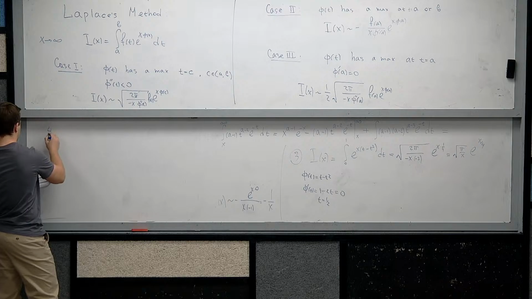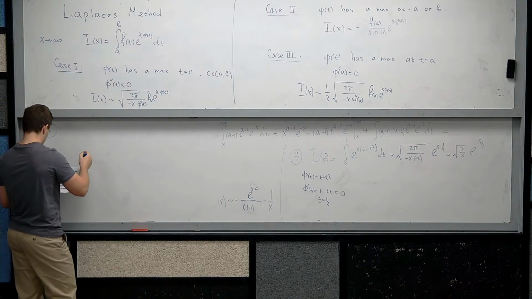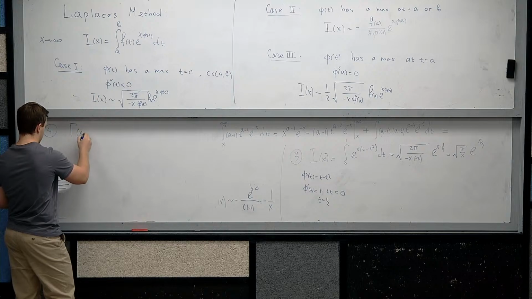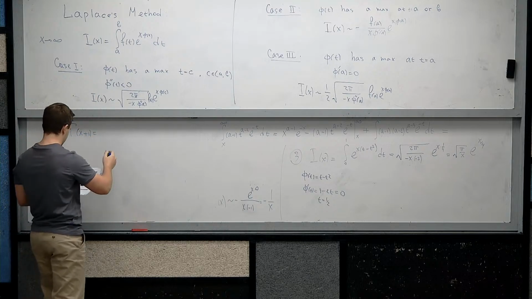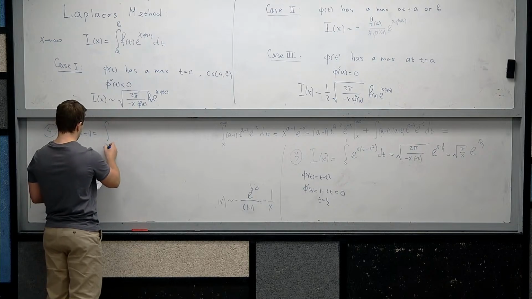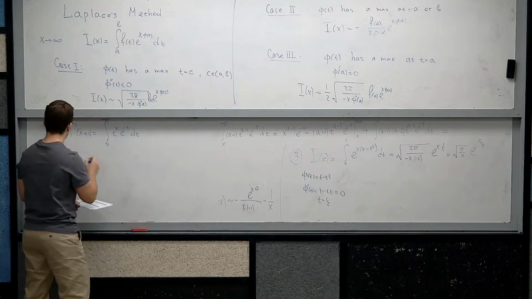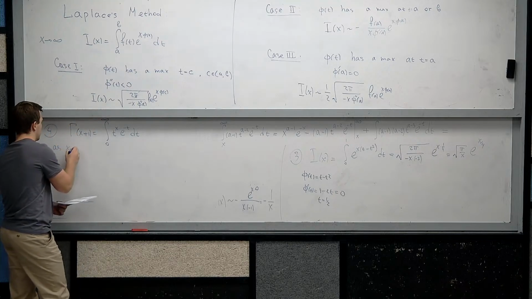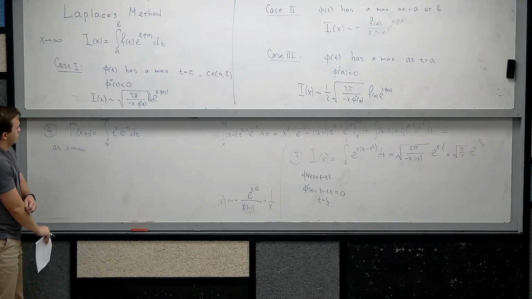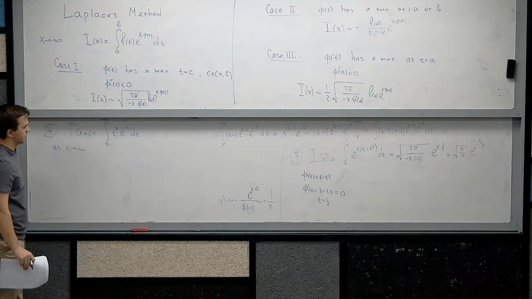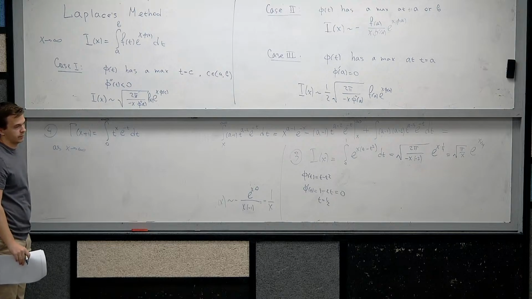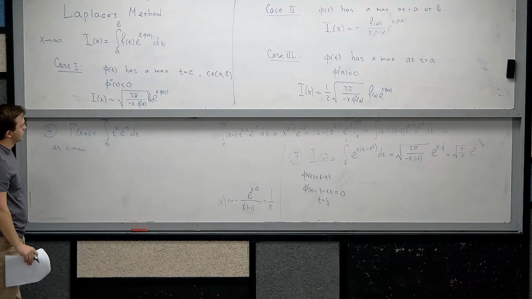The next one. Again, we need to find the asymptotics for the gamma function as x goes to infinity. So basically we'll derive Stirling's formula, and we want to use the Laplace method.